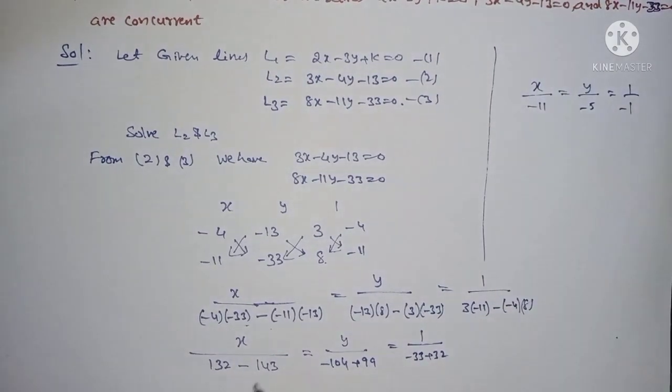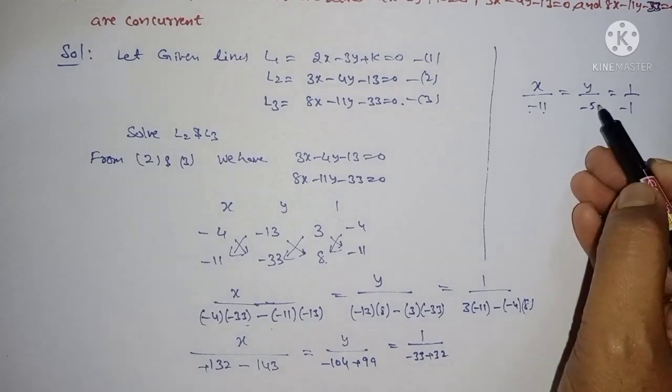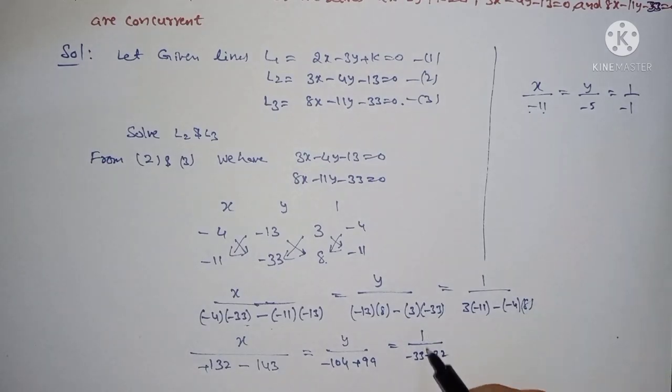Therefore x is 143 minus 132, so you get minus 11, and y is equal to minus 104 plus 99, you get minus 5 only. The constant 1 by minus 33 plus 32 is minus 1.